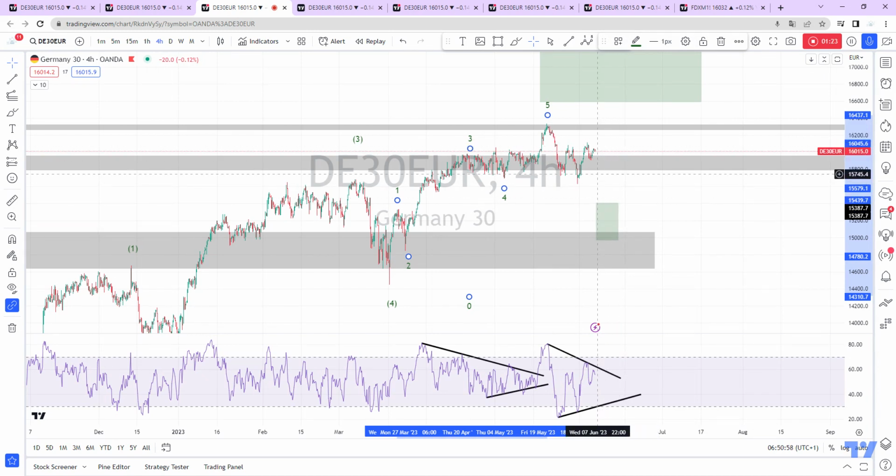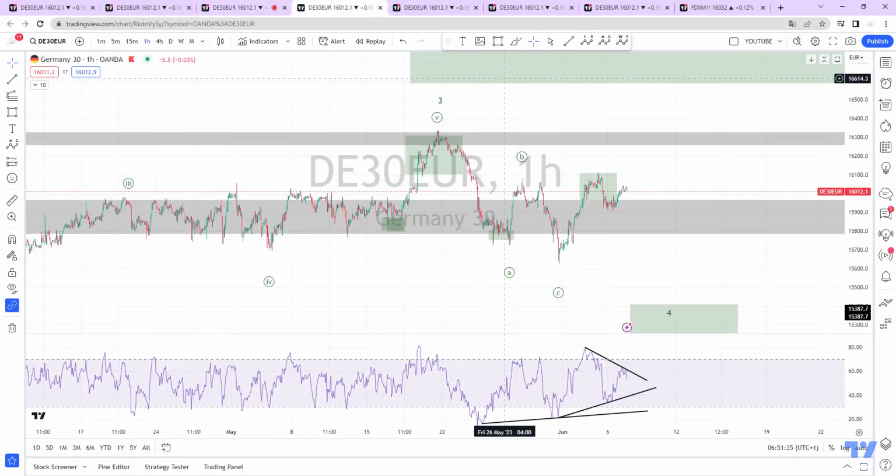This is also a possibility, but the reason that I choose for this count is that this here looks quite strong in RSI, and normally a wave 5 ends with divergence, ends weaker. So this is not really what I see here. Although technically there is divergence, I prefer to count like this.